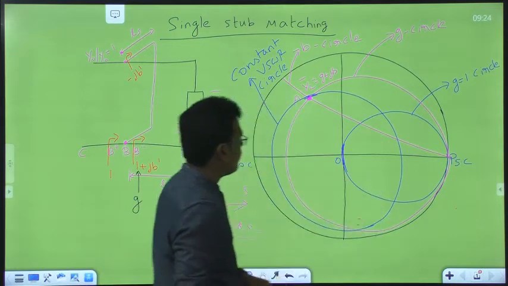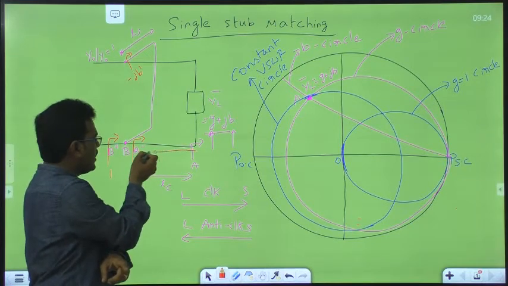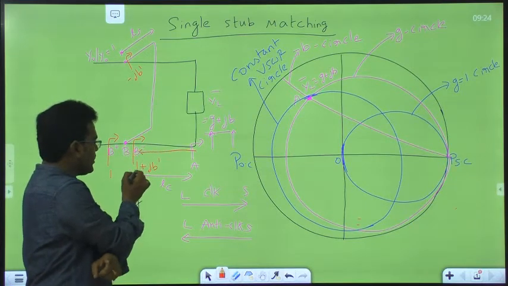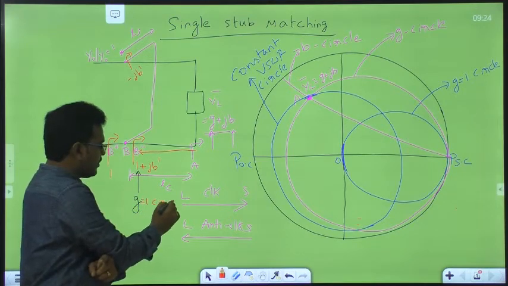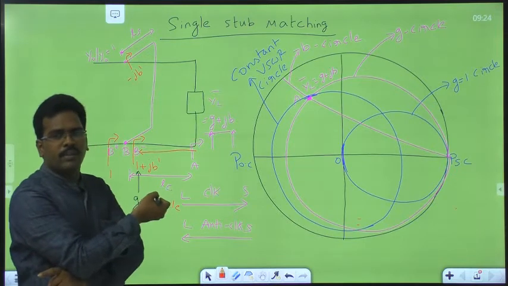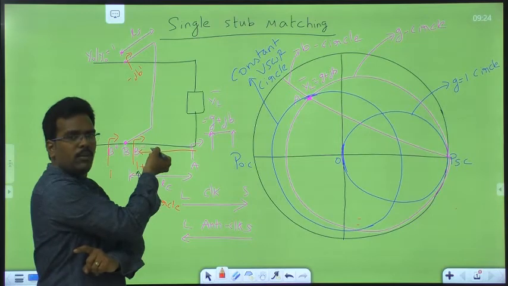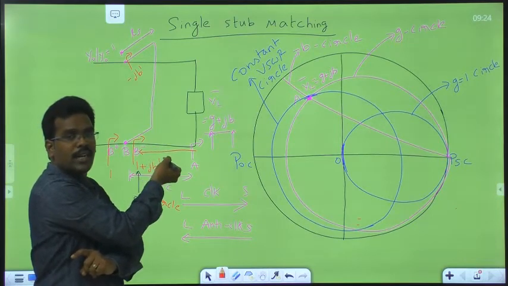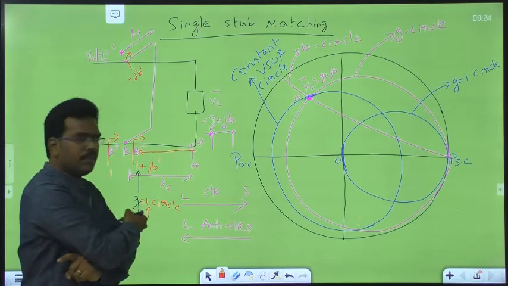How much distance we have to travel means we have to move on this transition line until we reach the G is equal to one circle. This is the idea, because we want the admittance at B minus as 1 plus something. So for that reason, we have to move on this transition line from load to the source until it touches the G is equal to one circle.